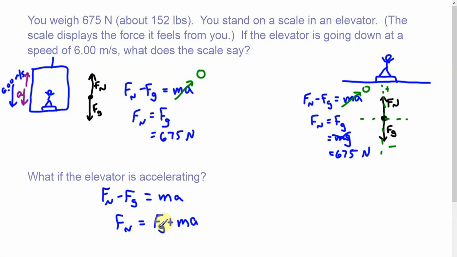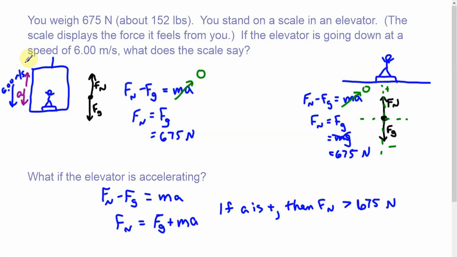So if the acceleration is positive, then we're going to see more than our weight. This will be adding a positive number to our usual weight of 675 newtons. Then the scale will show more than 675 newtons.